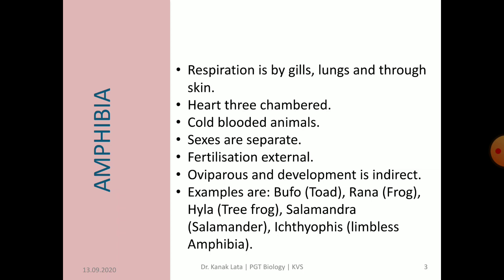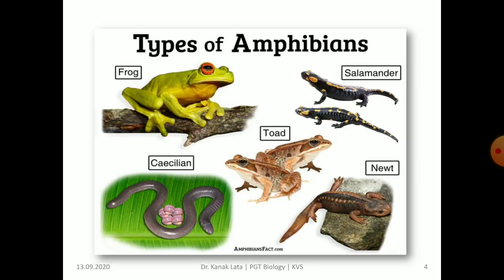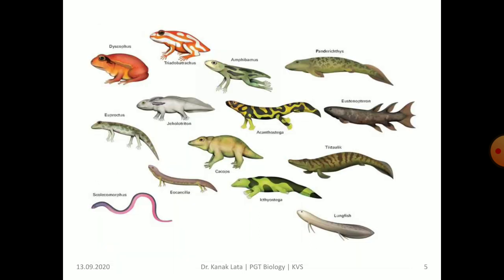Common examples are toad, frog, tree frog, salamander and limbless amphibia. There are also some amphibia which are limbless. In the given figure, you may observe different types of amphibia, that is frog, toad, salamander, caecilian, newt. This figure also shows different amphibians.